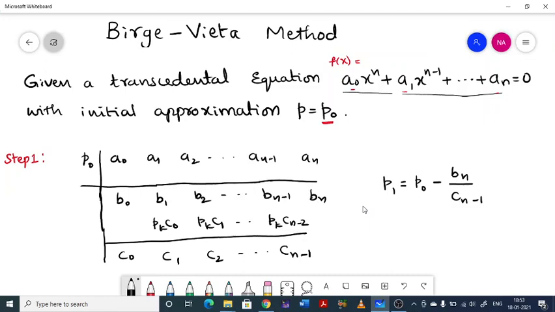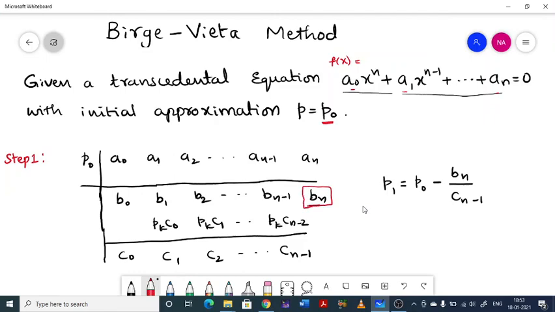The first step is to write down the coefficients of the given equation, taking this initial approximation p0 and applying the synthetic division method. You have to determine bn. So I have to apply the synthetic division method twice in each step.